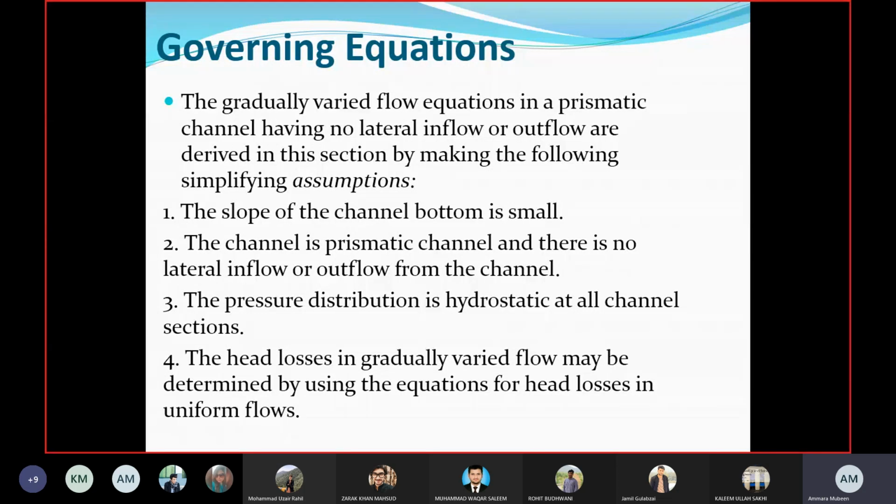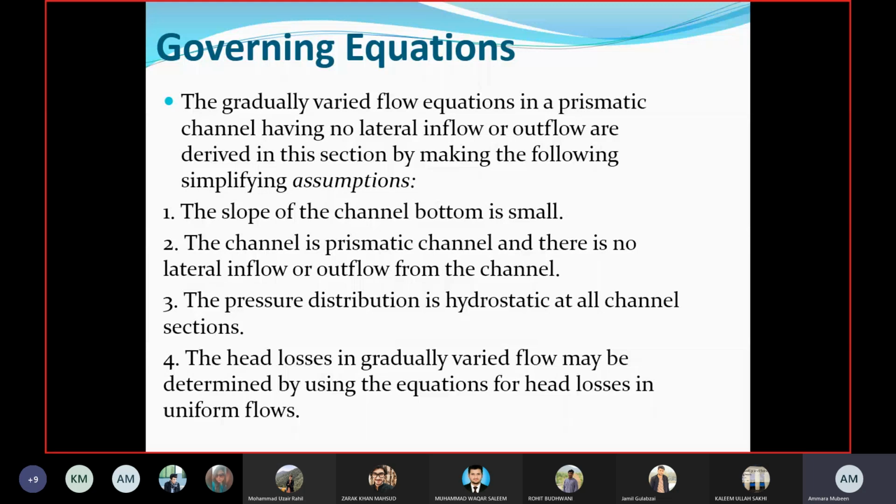It means that flow would be considered as steady. The pressure distribution is hydrostatic at the channel section. So the same law of hydrostatics would apply here also.